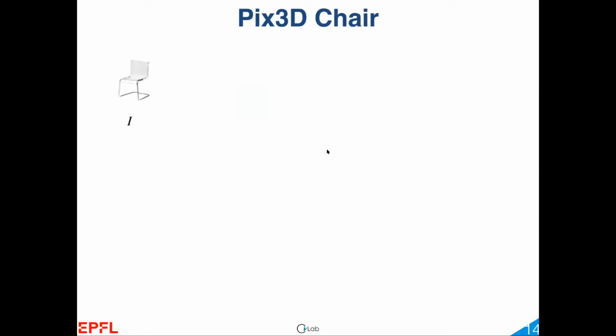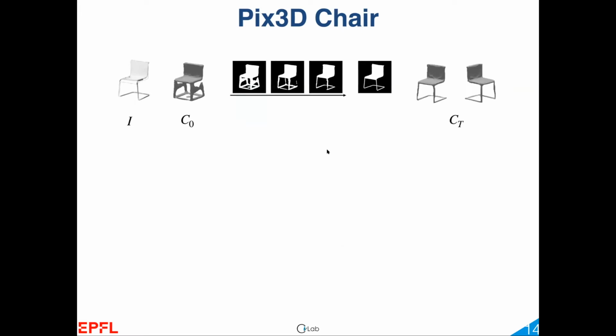We start with an image of a chair. We compute an initial code that gives something quite rough, but we can then refine it to produce a 3D model of that chair that's quite good. Remember, all we had was this image, and from this, it reconstructs something that looks good from the original viewpoint, but also from a very different viewpoint, which is a good indication that we have properly recovered the geometry of that chair.